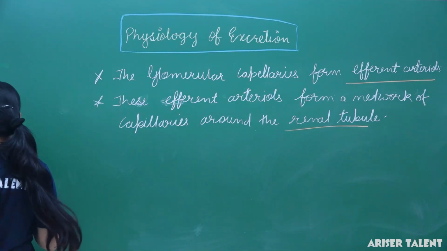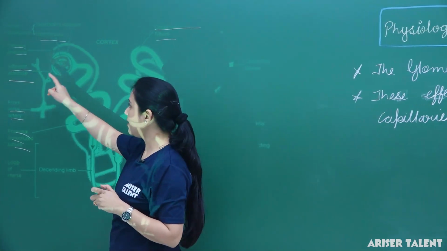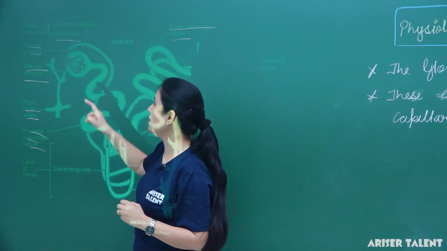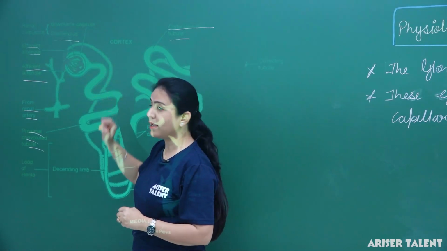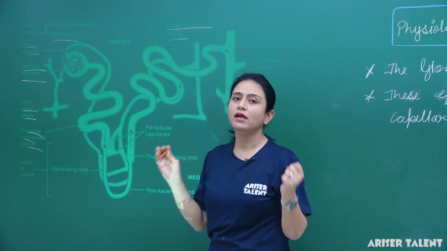Now here we can see that the diameter of the afferent arteriole is more than the efferent arteriole and the capillaries. This is the reason that the blood flows at a very high speed.